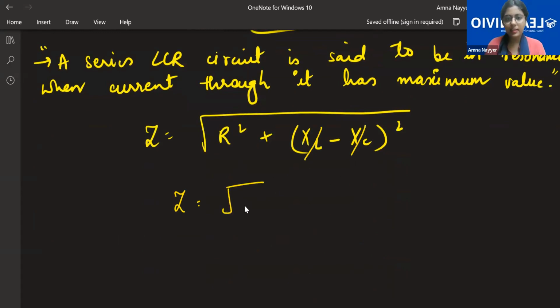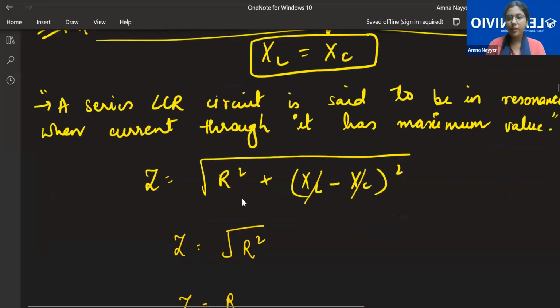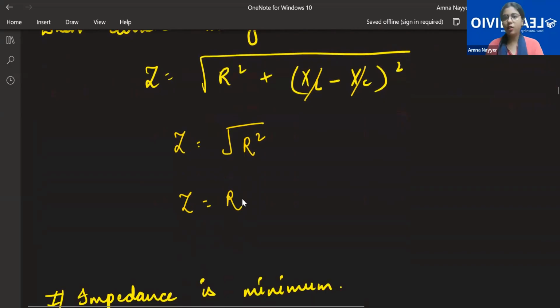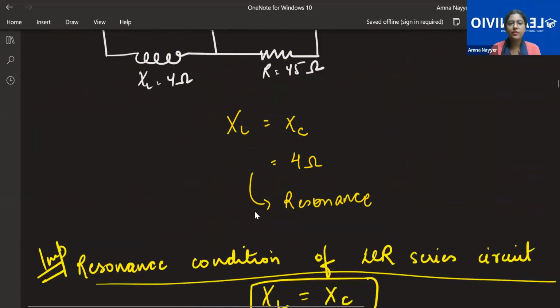I'll be getting Z is equal to under root R square, which is Z equal to R. Earlier we were getting such a big denominator, now we are getting a smaller denominator. Current is inversely proportional to the impedance. If impedance is decreasing, impedance is now only equal to R. Like look at the previous question which we did.